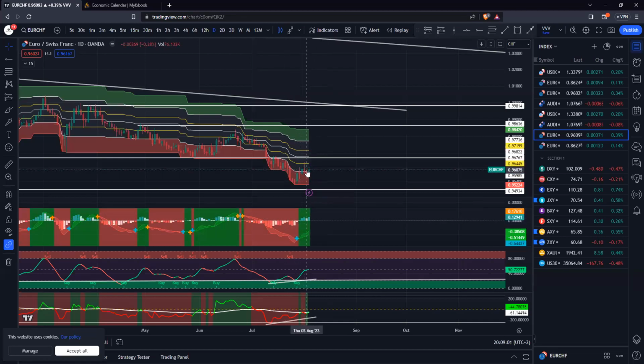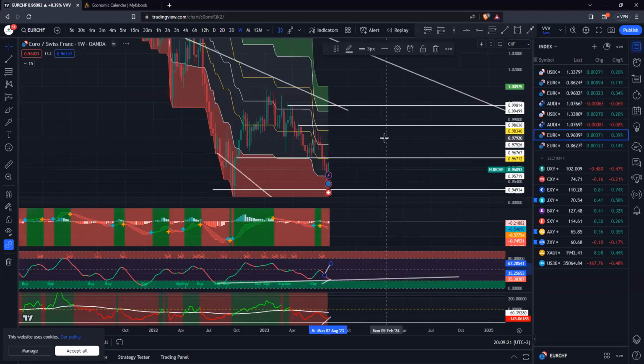So what I would like to see is some retest and then a continuation down, because this is a divergence, but this could also be a divergence. So let's see how Monday and Tuesday start, and then we can see a move down.